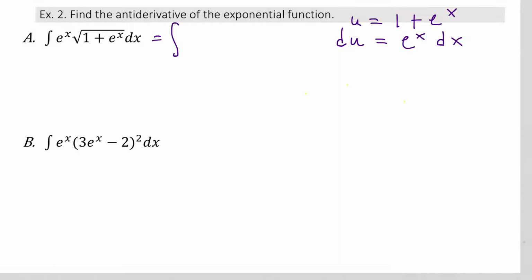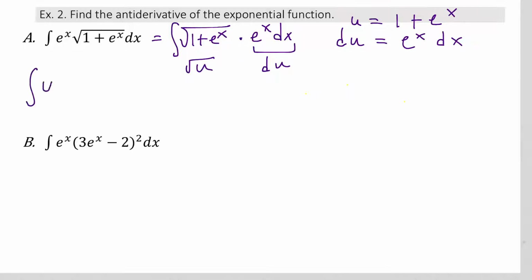We've got the square root of 1 plus e to the x, and then we've got e to the x dx. So we have du, and then this root would be square to u. So our integral becomes u to the 1/2 du.